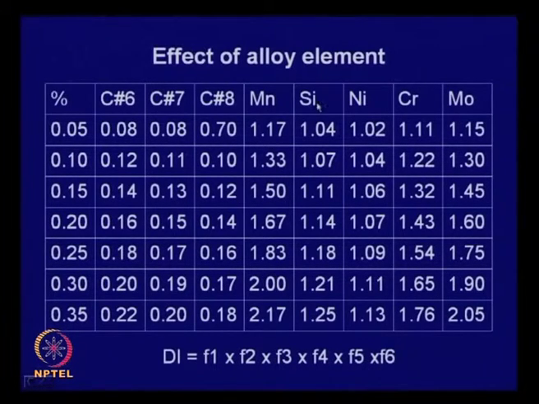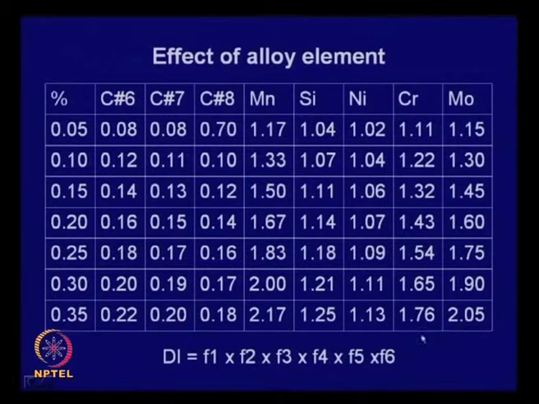Compared to silicon, the ability of manganese to increase hardenability is higher. You can see here, for 0.35% of either manganese or silicon, manganese gives a higher hardenability factor. This is the factor for nickel, this is for chromium, and this is for molybdenum.